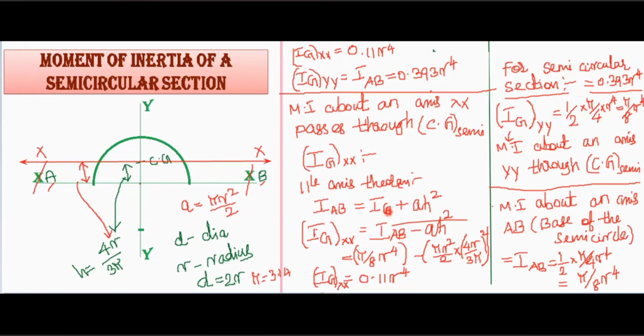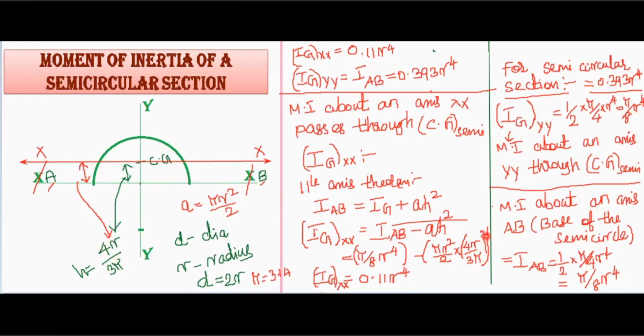So if you interchange this IG and IAB, IGXX will be IAB minus AH square. Now the IAB value we have substituted, the area of the semicircle we have substituted, and h, that is the distance between the axis AB and XX, will be 4r by 3 pi.